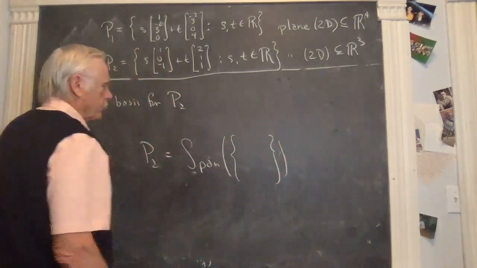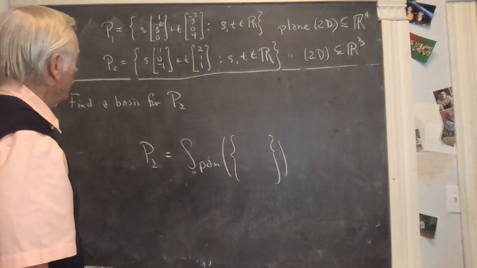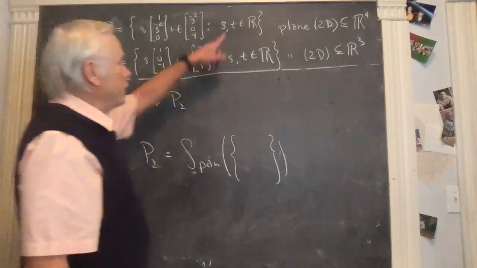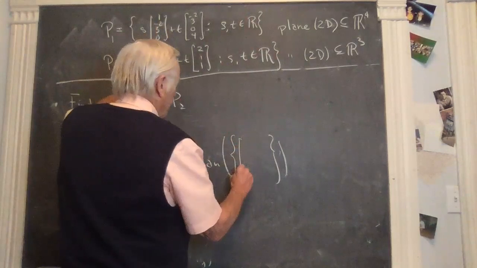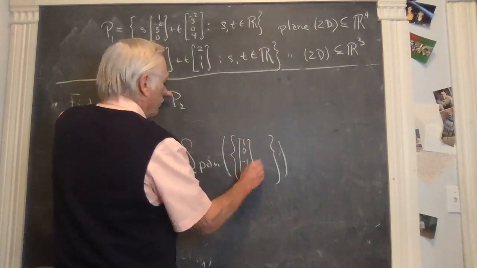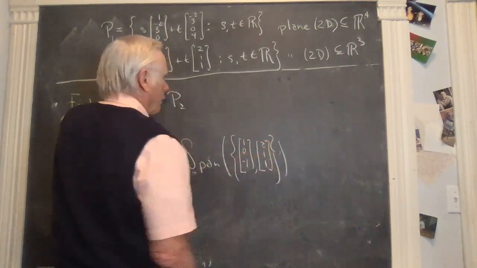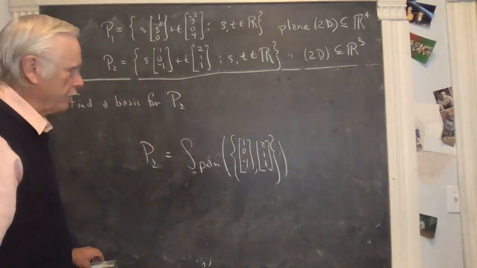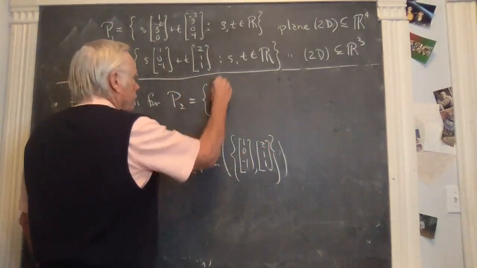And if these vectors are linearly independent, and if P2 is the span of them, then it's a basis. The dimension of these is 2, so we need 2 vectors. And for this one, the vectors that it is the span of in the solution notation are linearly independent. So P2 is the span of these 2. So a basis for P2 is simply those 2 vectors.